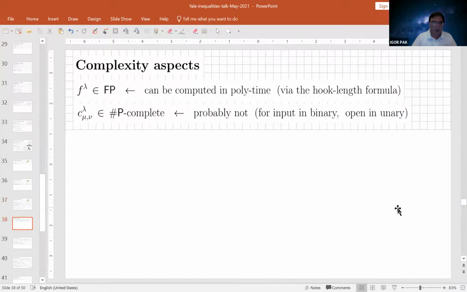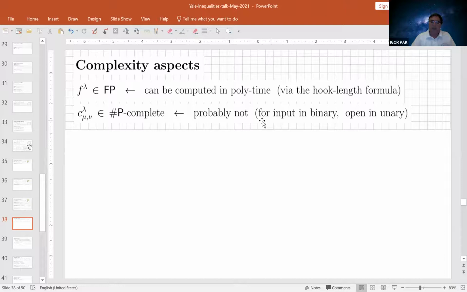Okay. So now let me tell you a little more about complexity. First of all, as I said before, the dimension of characters can be computed in polynomial time. On the other hand, already Littlewood-Richardson coefficients are #P-complete, and that means that they probably cannot be computed in polynomial time.